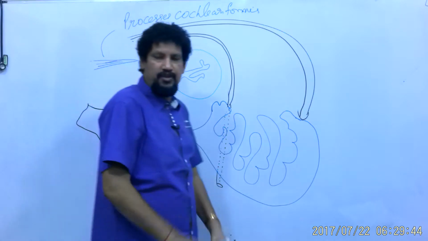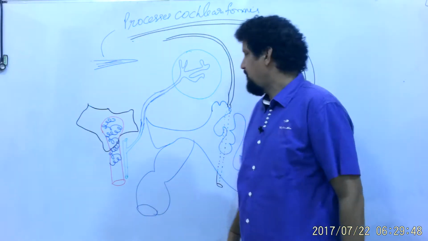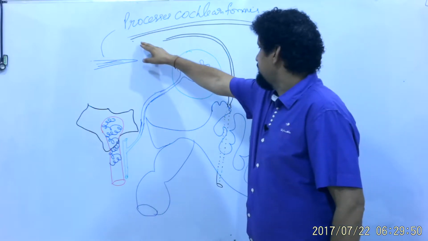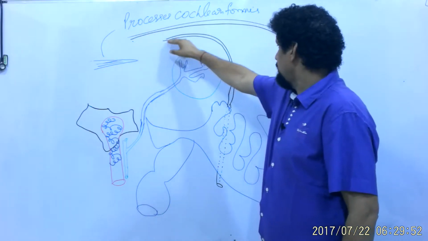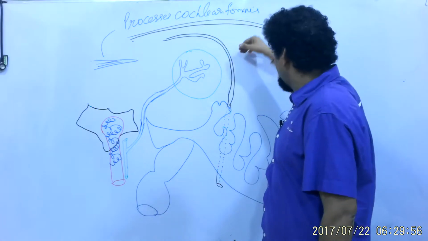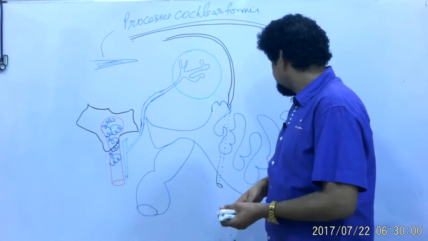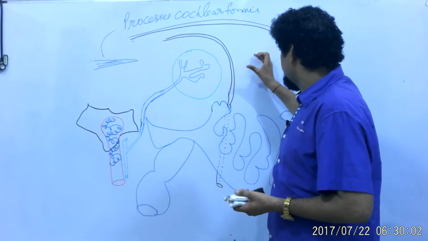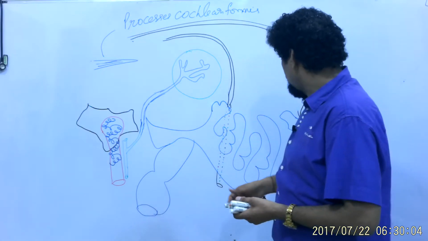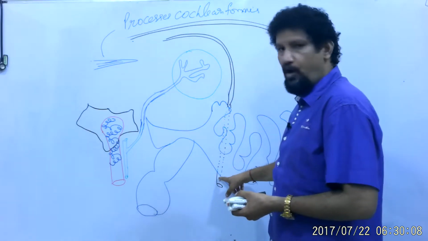This beautiful curved structure is forming a component of the medial wall, running backward, entering the posterior wall and descending downwards through the mastoid part of the bone and leaving the skull through an opening.